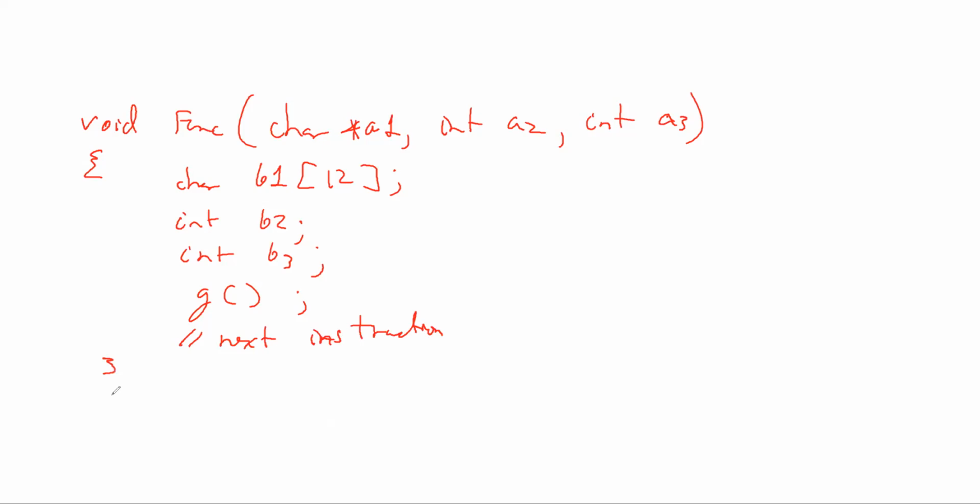Then over here in the main, I'm going to have a function. I'm calling function, which is that one, and I'm going to say hello, 5, 6.